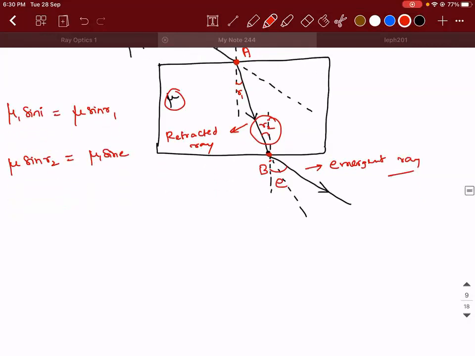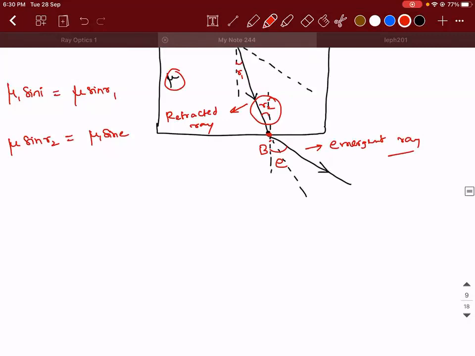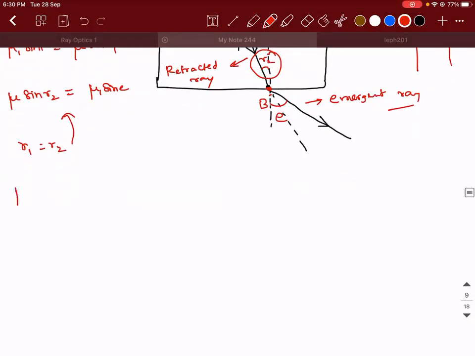Accepted? Right. But what is the relation between R1 and R2? You have two normals. R1 is equal to R2. If I substitute it here, I'll get mu into sine R1 is equal to mu1 into sine e.